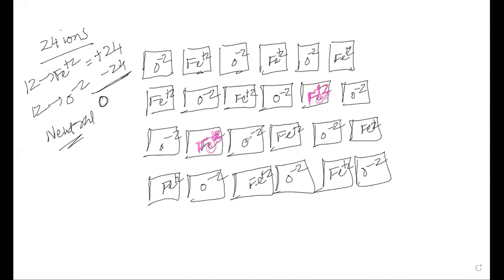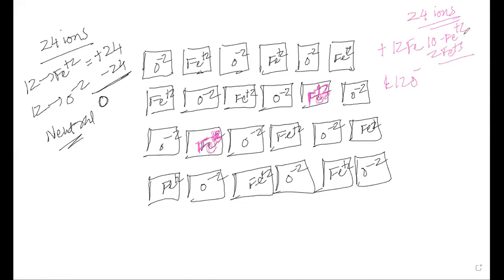So now again we have total 24 ions. We have 12 Fe ions and 12 O-2 ions. But now the charge has become, we have 10 Fe+2 and 2 Fe+3.